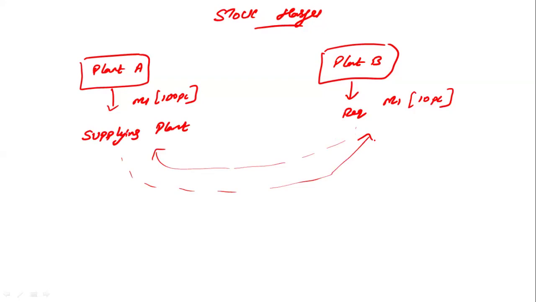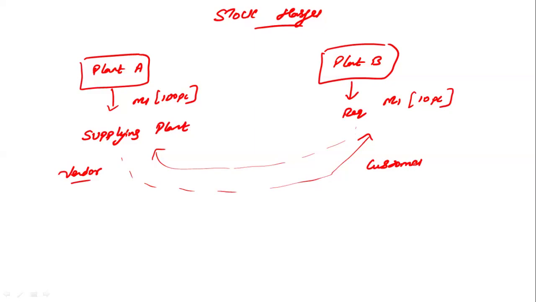Okay, in this case, when plant B is placing a requirement to plant A, plant A is called the supplying plant, or plant A is also called a vendor. Anyone supplying the goods to the plant is called a vendor. Okay, so here now plant B is acting as a customer because plant B is requiring the material. You need to understand this vendor and customer concept.